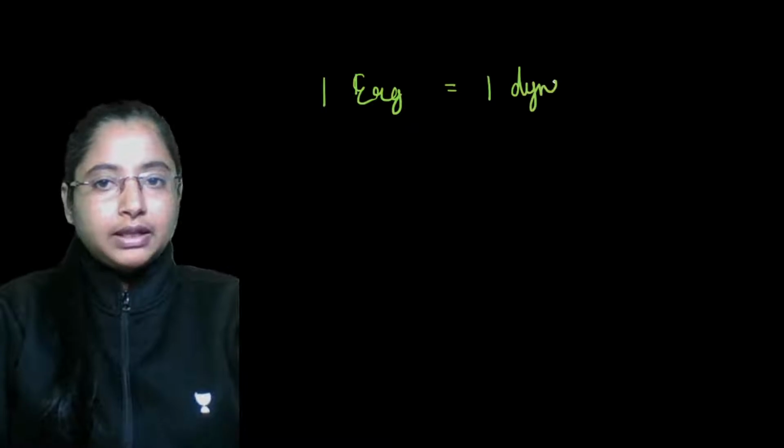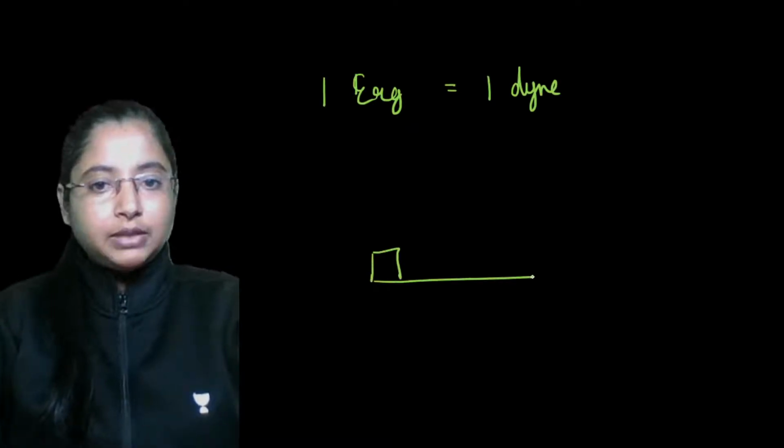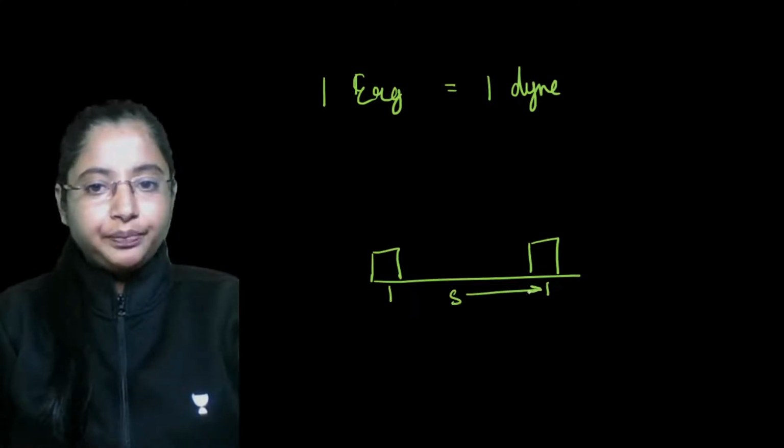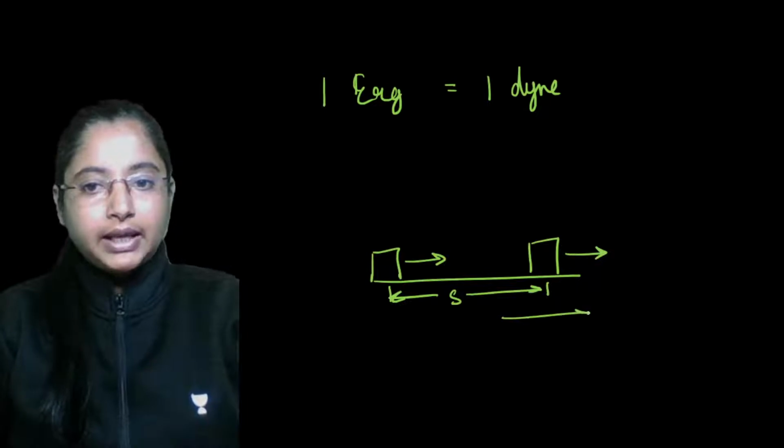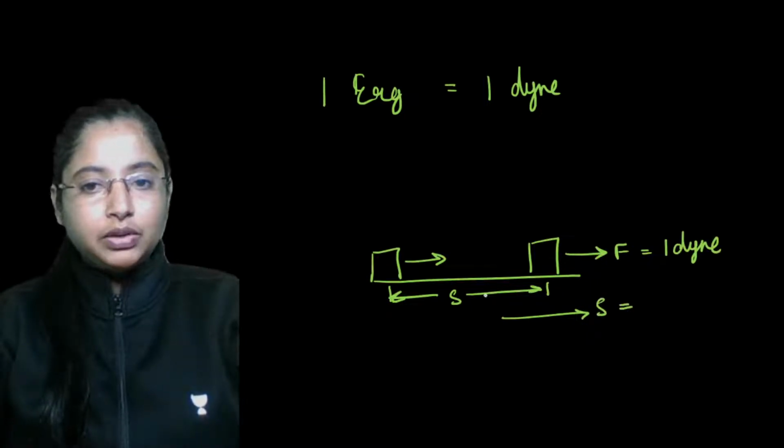Let's say we have an object here and we are applying a force. The displacement over here is from here to here, and the force and the displacement are again in the same direction. The force applied is 1 dyne, and the displacement S is about 1 centimeter.